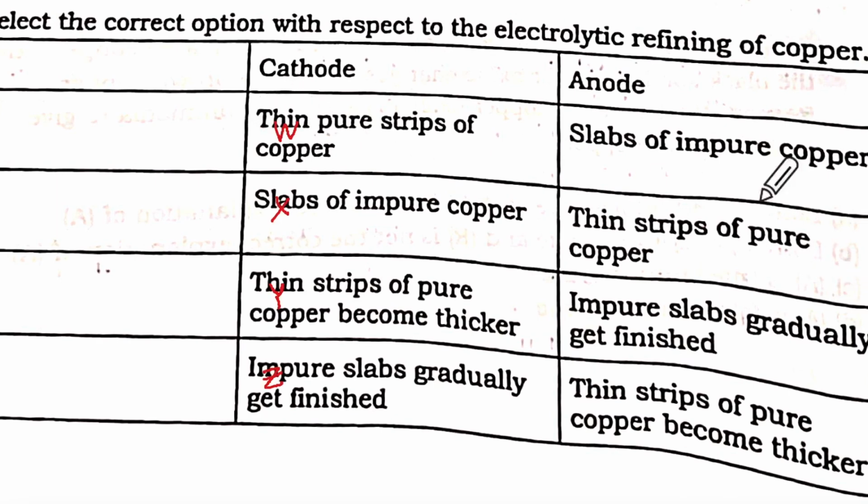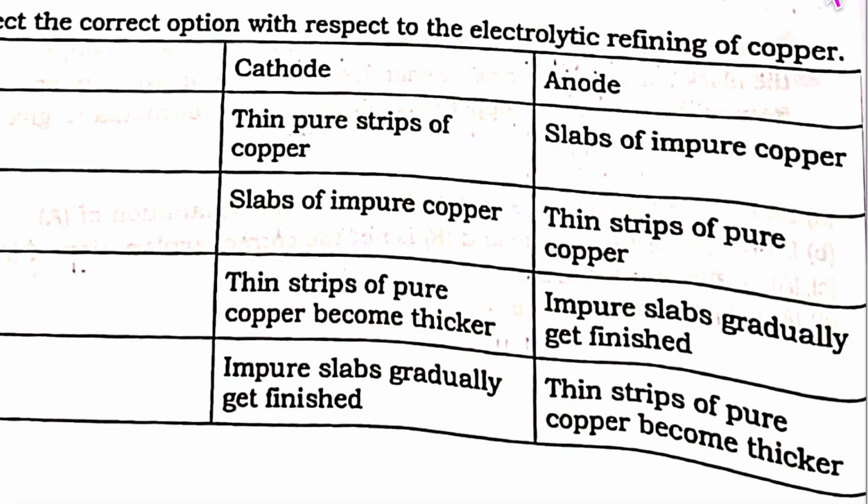W, X, Y and Z. They are telling you to select the correct option. Thin pure strips of copper and anode is slabs of impure copper.